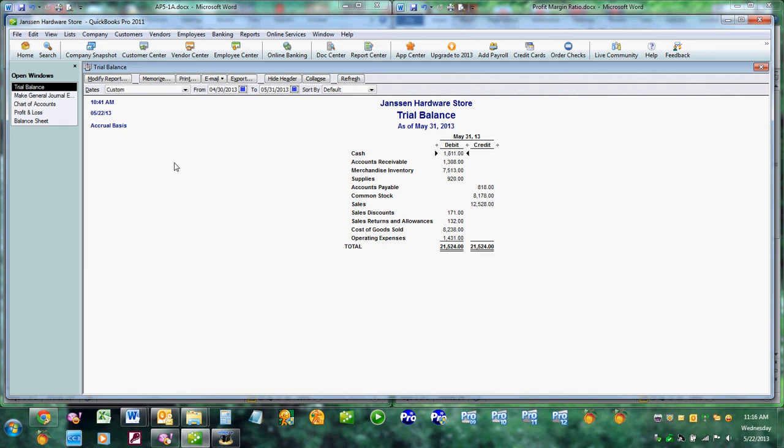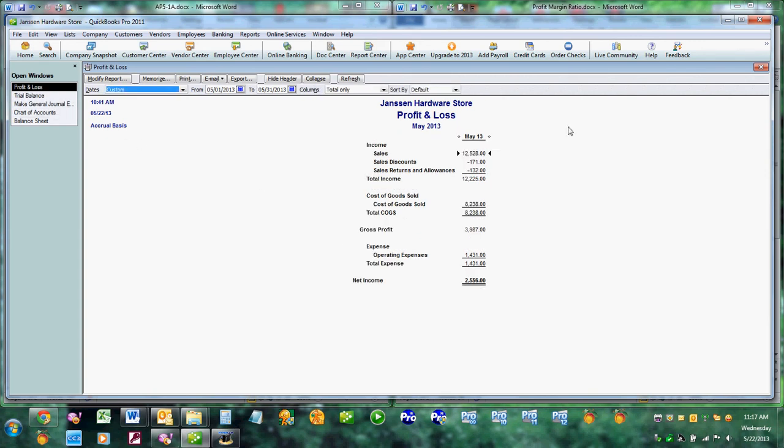And from there it calculates the profit and loss statement, which shows sales and the sales discounts, giving you total income minus the cost of goods sold, gives us a gross profit of $39.87.